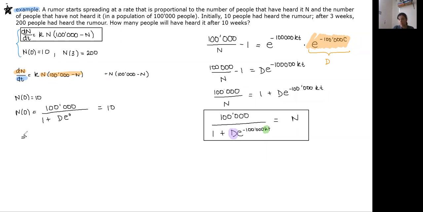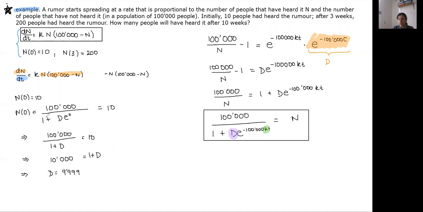So what that tells me is that 100,000 divided by 1 plus d is equal to 10. And now I have to solve for d. So I'll have 1 plus d on this side is equal to 100,000 divided by 10, which is 10,000, with the final conclusion that d is equal to 9,999.